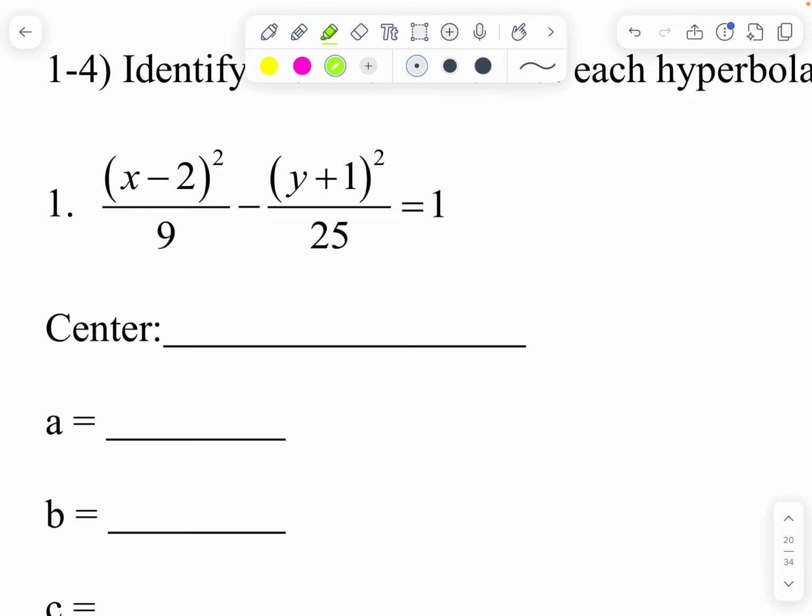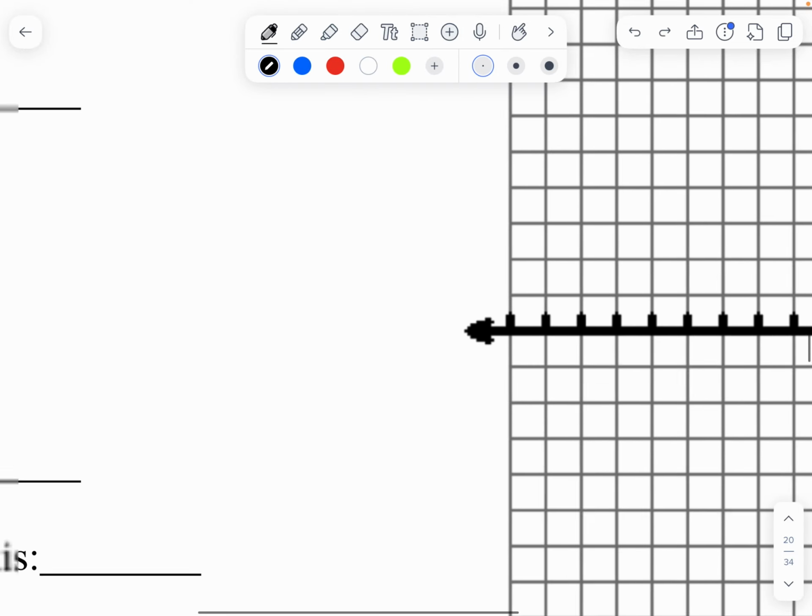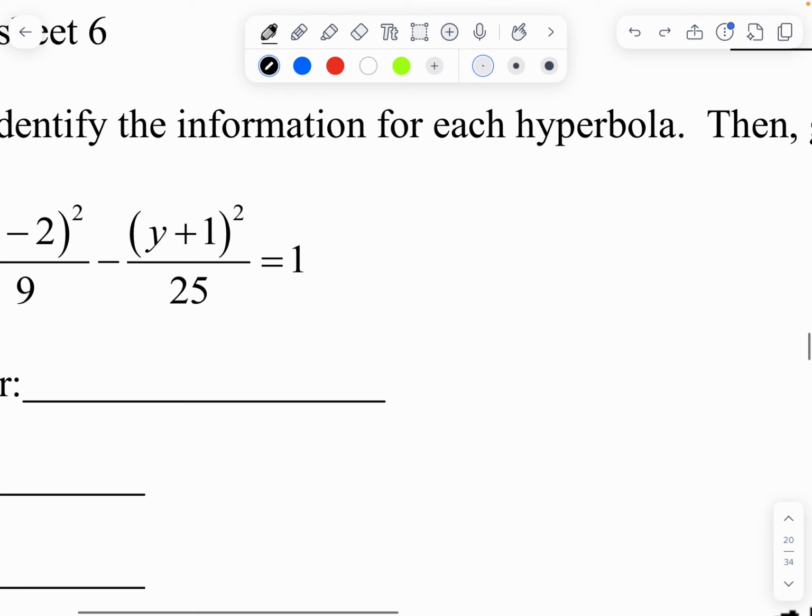As you can see, our first term is x. So what that means is that this is a horizontal hyperbola.